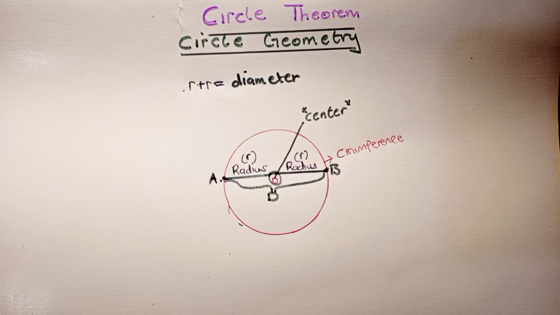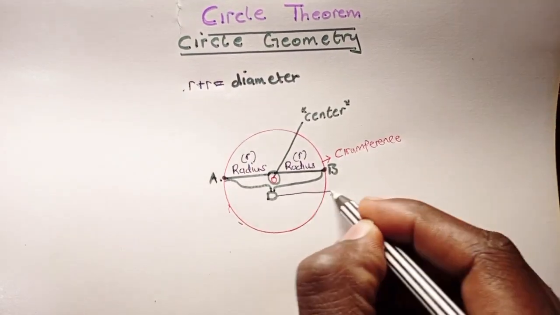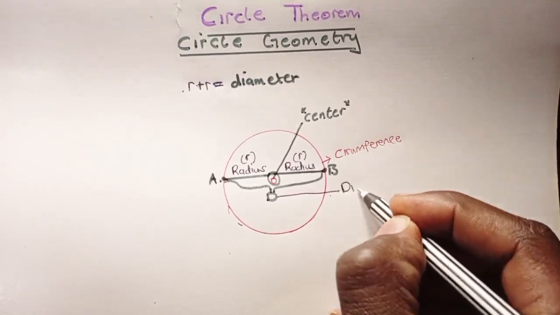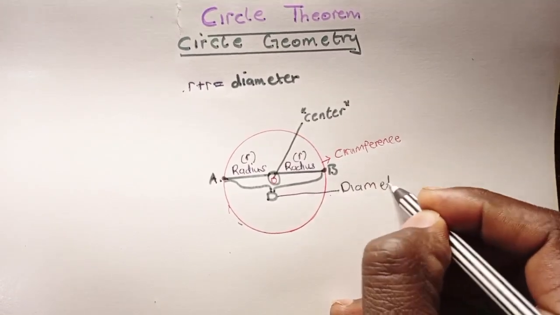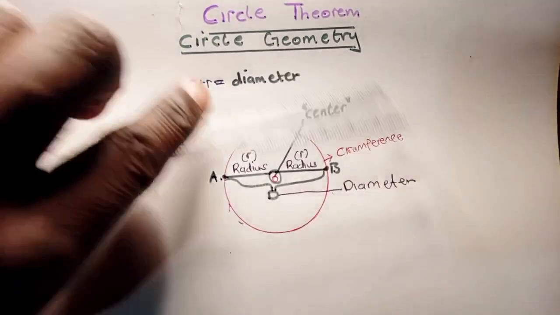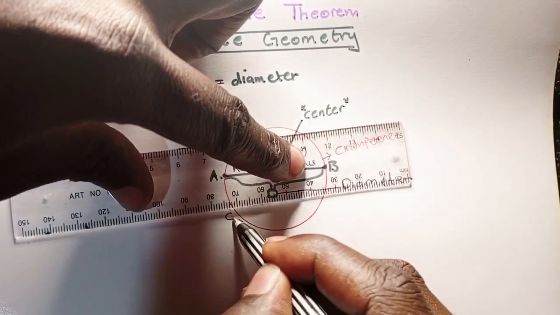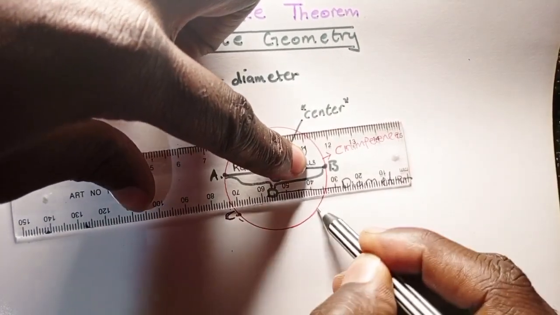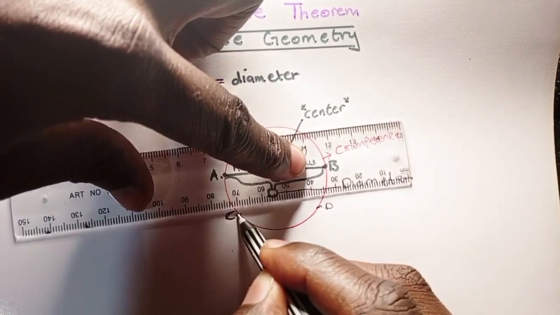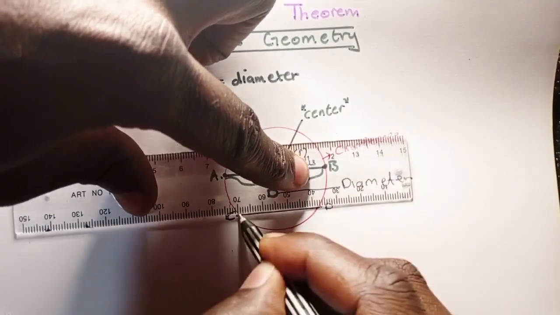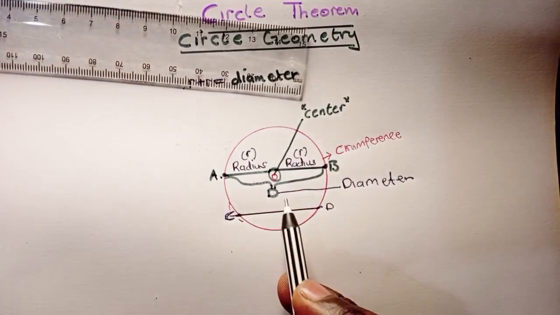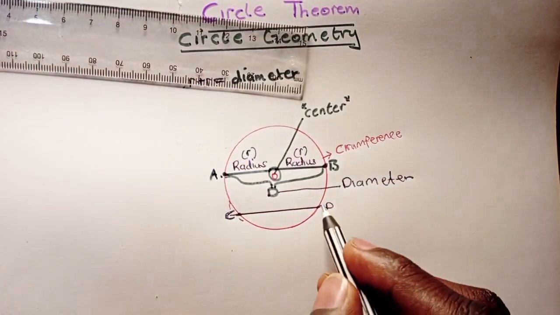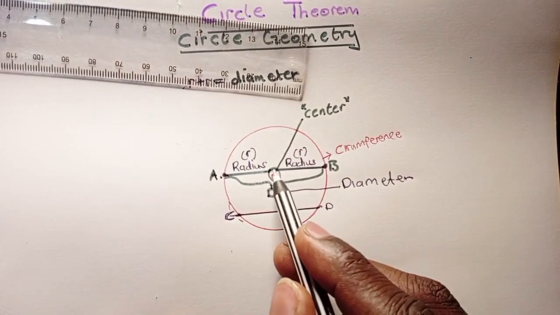Like I said, it must always pass through the center to qualify as a diameter. If it does not, it's not considered a diameter. You can have a line, let's say from point C to another point D, like this. This line is not a diameter because it's not passing through the center.